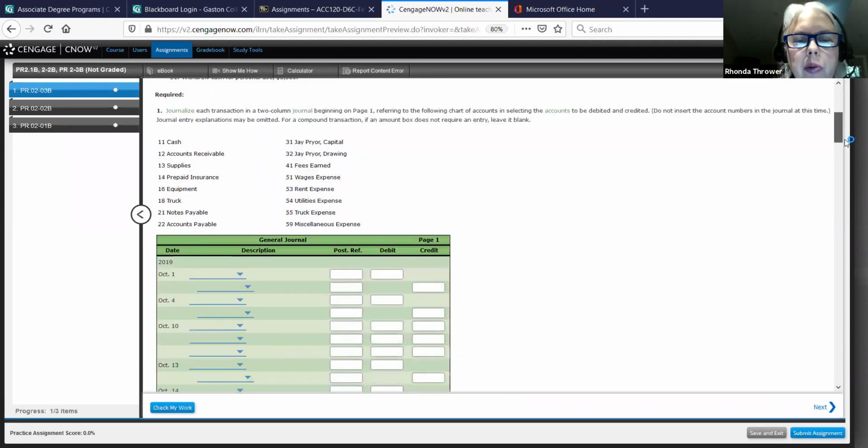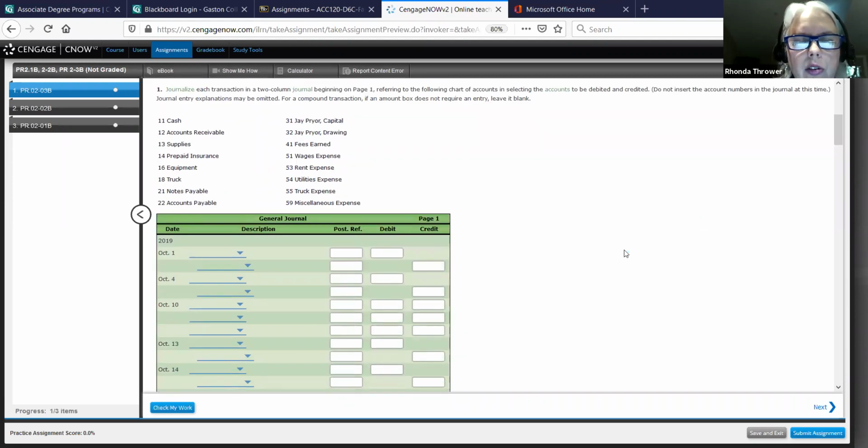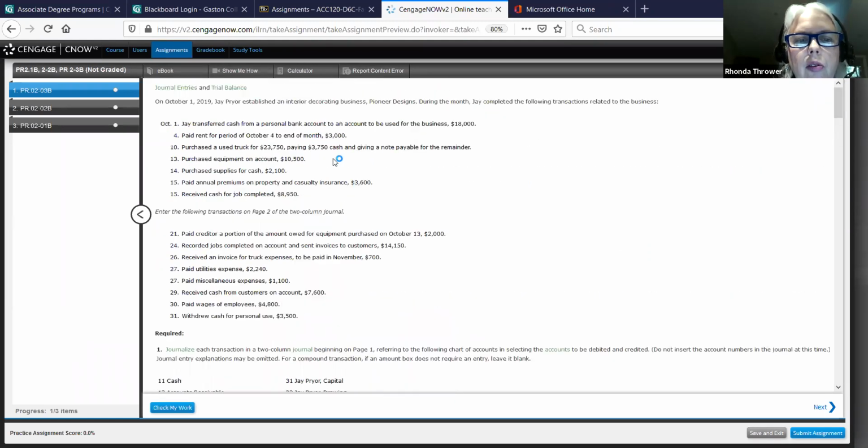You'll remember we would draw a T account for cash. We would enter the amount that the owner has deposited in that T account, which would be $18,000. In the T account for cash, since it's an asset, it's going up on the left side, which is the debit side. So when you put it in the T account, you're putting it on the debit side.